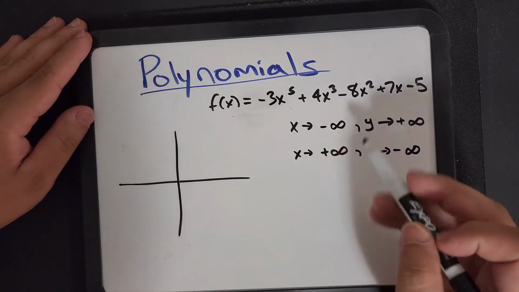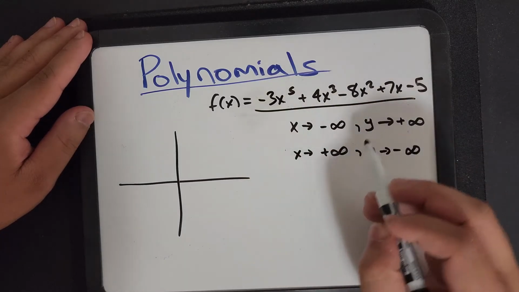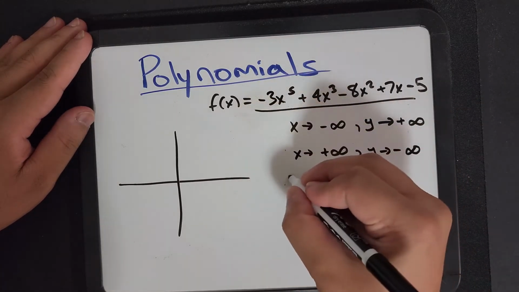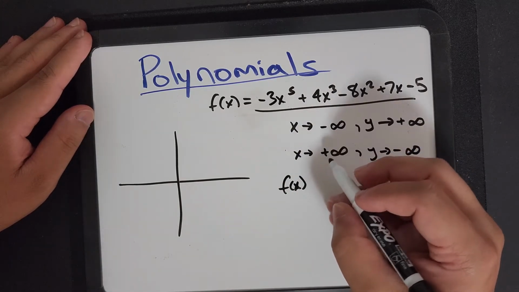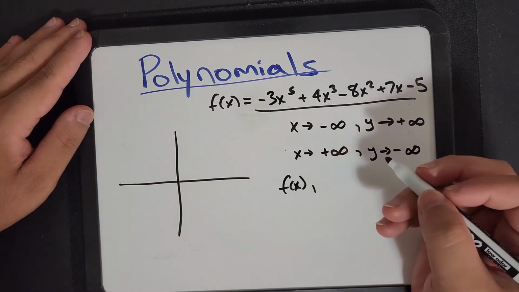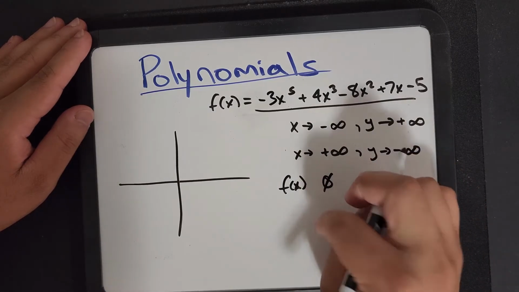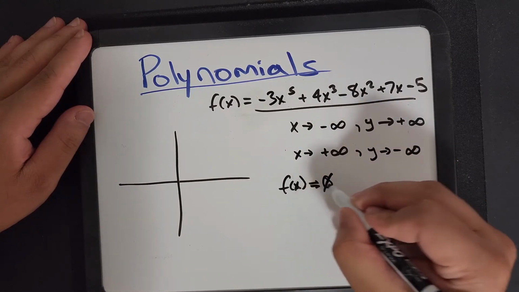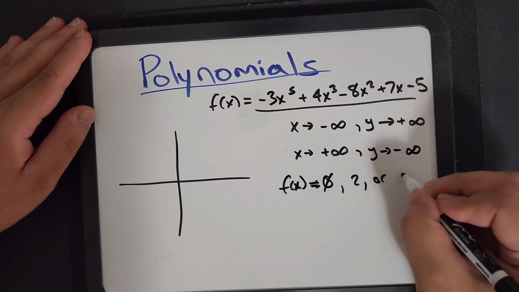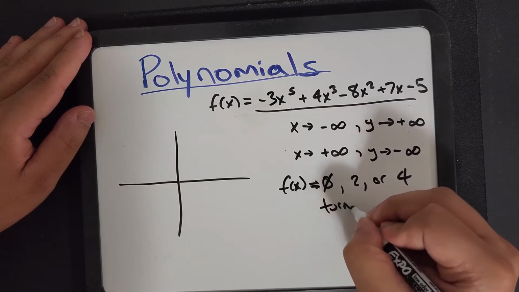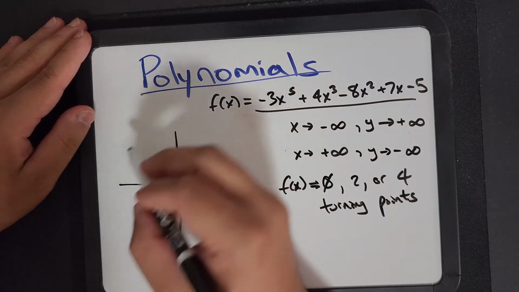So just by looking at this, we could say that this f of x function can have 0, 2, or 4 turning points.